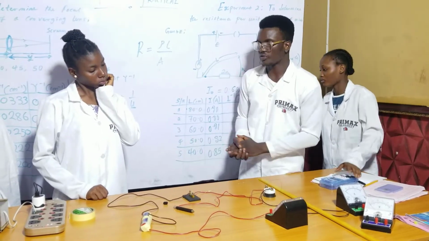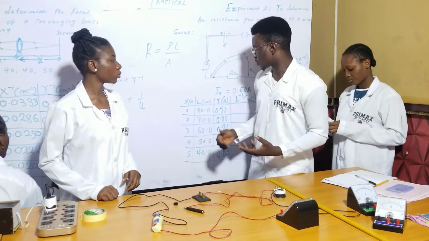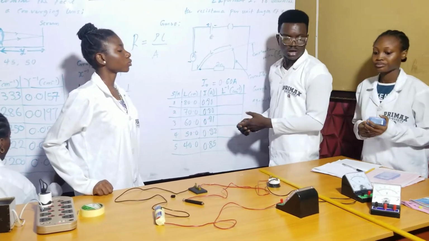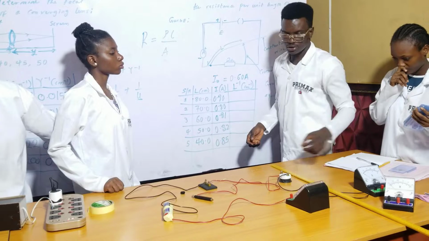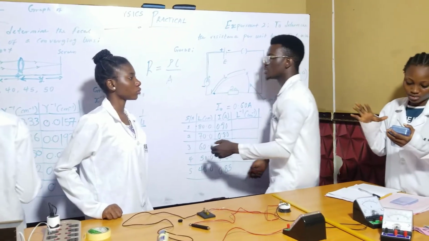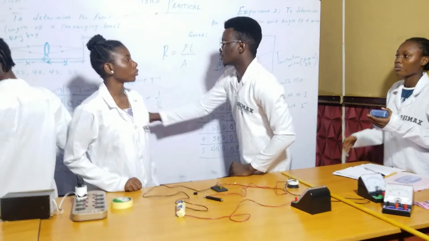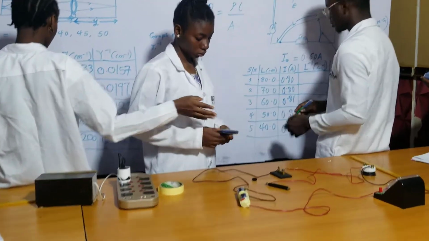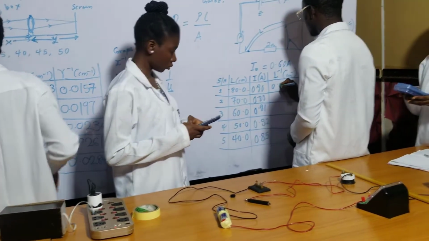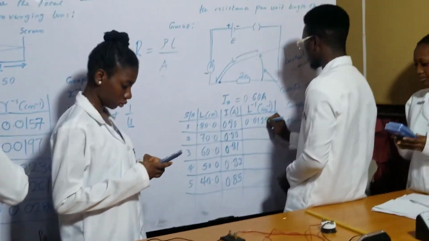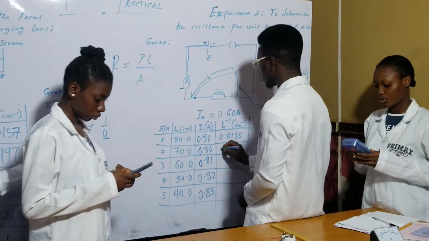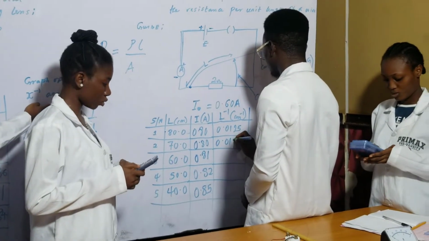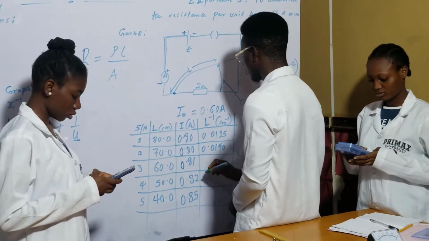So it's not far-fetched. Now, what we are going to do now is to calculate the inverse of the length. So after getting the inverse of the length, what do you have? So please, I need a calculator. What do you have as the inverse of 80? 0.0125. How about this? Inverse of 70? 0.0140.